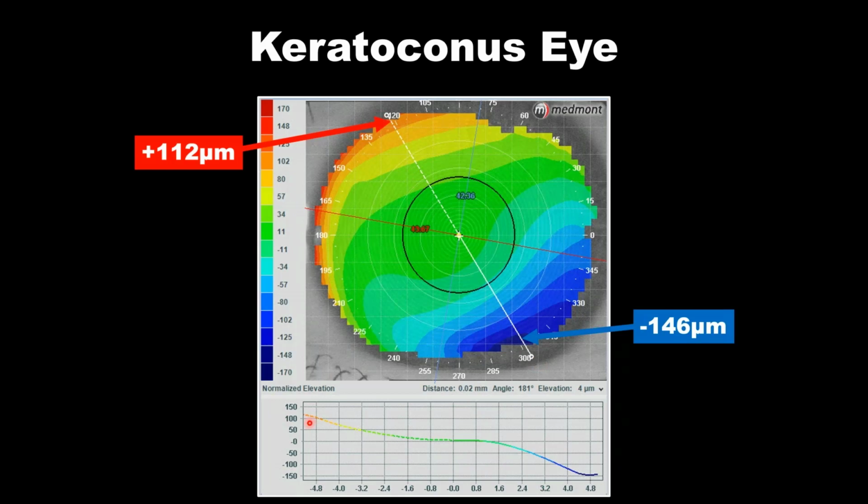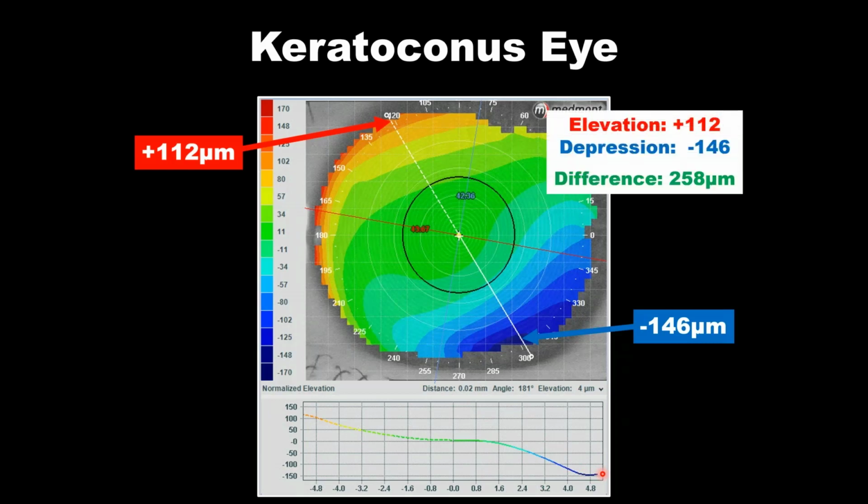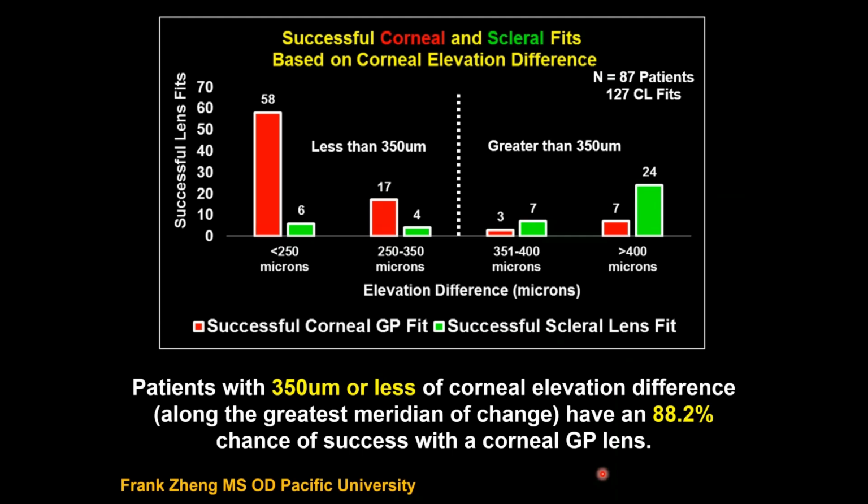When you take your white axis line across this meridian, you see this eye has an elevation shift from plus 112 microns down to around negative 146 microns. So there's a big shift in elevation. This eye has a 256 micron change in height.